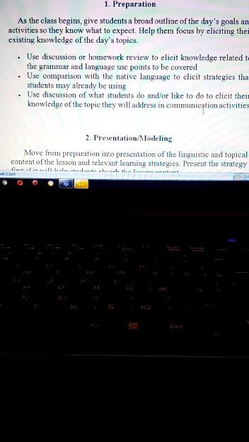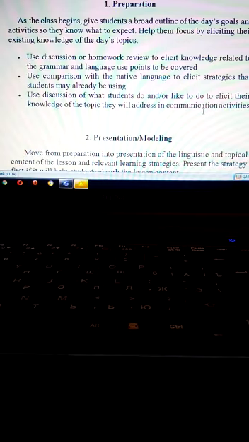As the class begins, give students a broad outline of the day's goals and activities so they know what to expect. Help them focus by eliciting the existing knowledge of the day's topics. Use discussion or homework review to elicit knowledge related to the grammar and language use points to be covered.